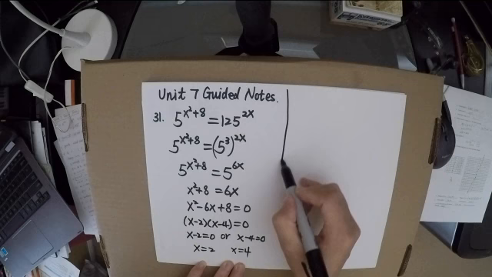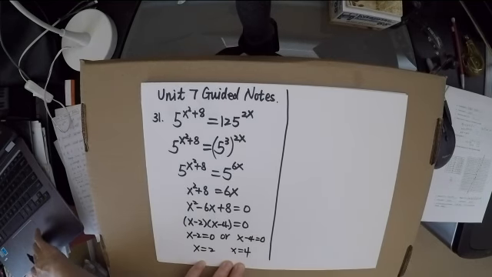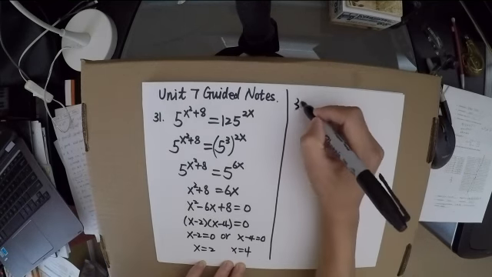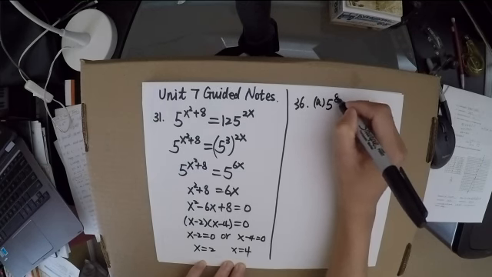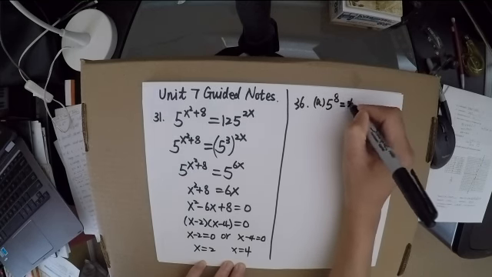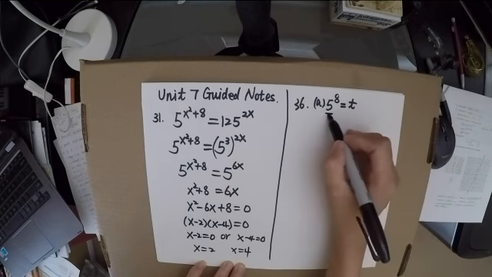So the next question I want to talk about is 36 and 37. 36a says 5 to a's power equals t. You are asked to rewrite an equation involving a logarithm. Okay, so the base is 5.